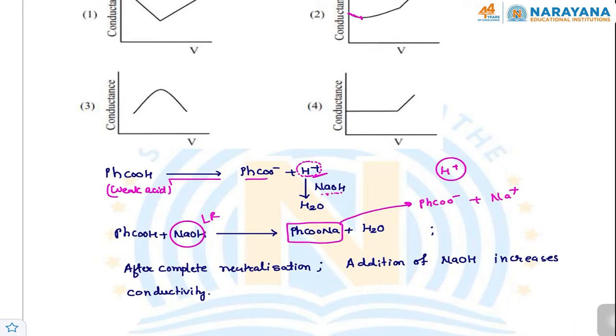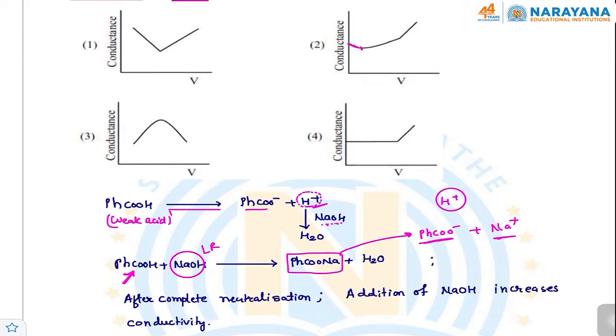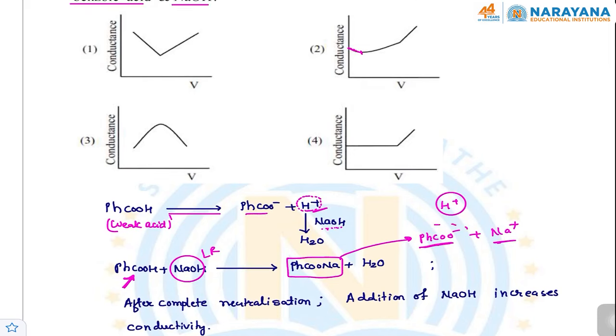Then further addition of sodium hydroxide converts the undissociated benzoic acid molecules into dissociated ions, the salt, which leads to an increase in the number of ions in the solution, and conductivity will increase.